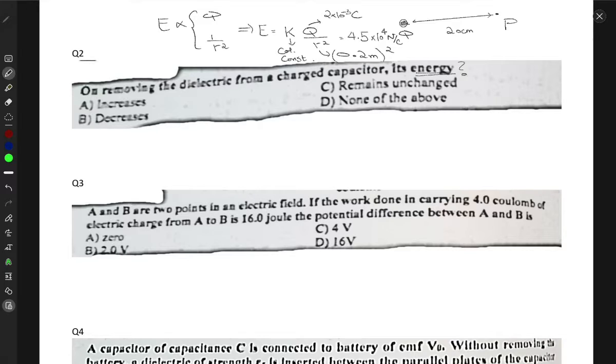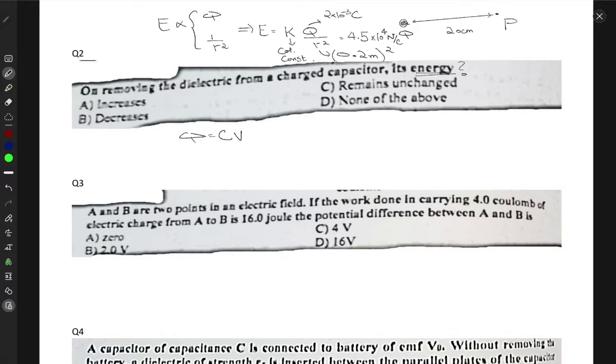the dielectric, the capacitance will start decreasing, and we know that the expression relating capacitance and charge is Q equals C times V, where Q is the charge, C is the capacitance, and V is the potential difference between the plates of the capacitor.